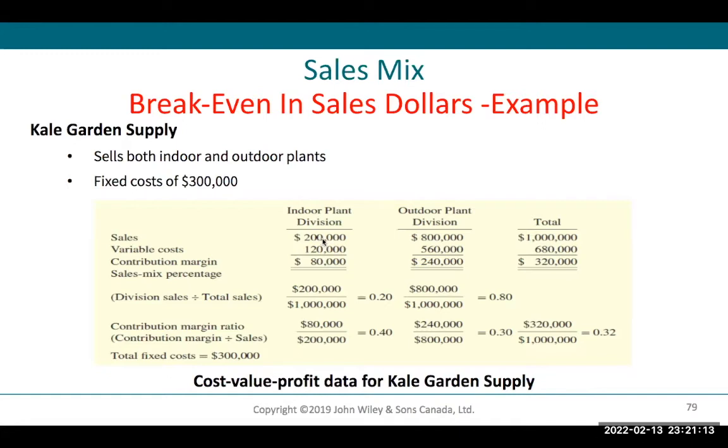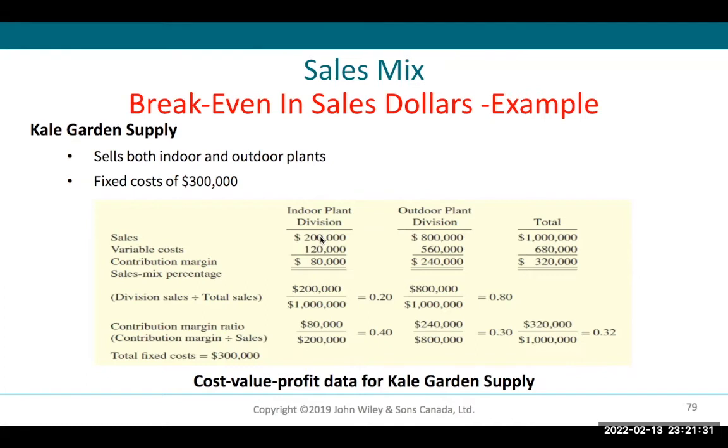So $200,000 and $800,000 were the amounts sold in dollars for both of these types of plants, the two products sold at Kale Garden Supply.